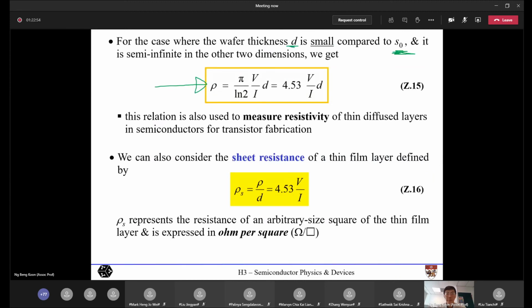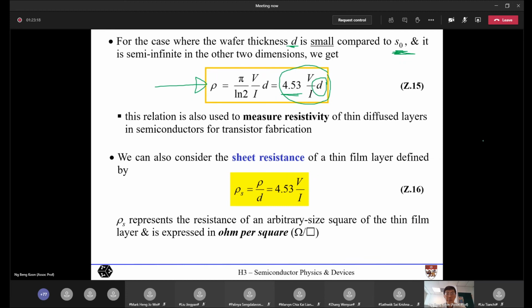So if D is small compared to S naught, then the equation that we can use is this. It's a ratio of the voltage that you measure divided by the current that you inject, multiplied by the thickness of the wafer, and multiplied by this constant 4.53. So that's the formula that you're going to apply in the lab.